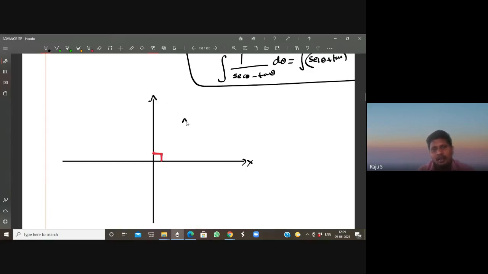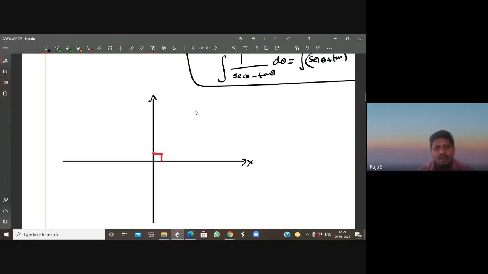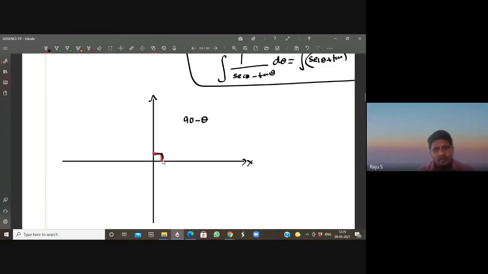See, here all are positive, 0 to 90 degrees. So what are the angles we need to take? Allied angles. This first quadrant belongs to 90 minus theta. Am I right? Yes, sir. Whatever angle you take in the first quadrant, this is quadrant 1, so always we get 90 minus theta, 90 or lesser than 90.